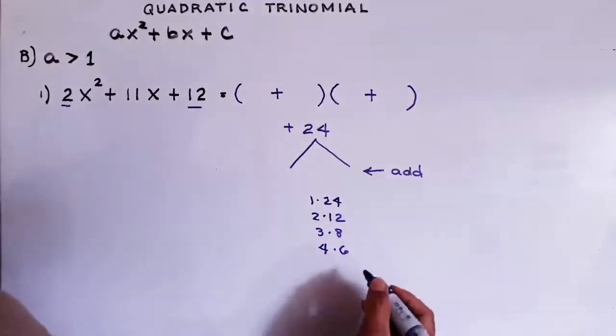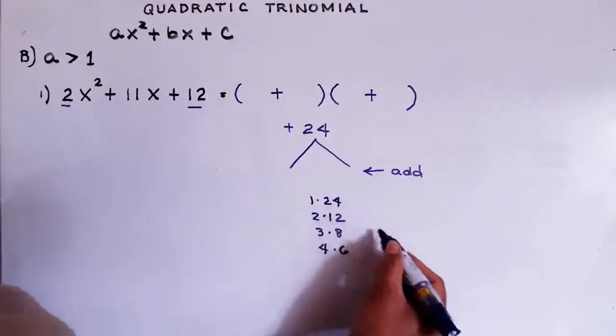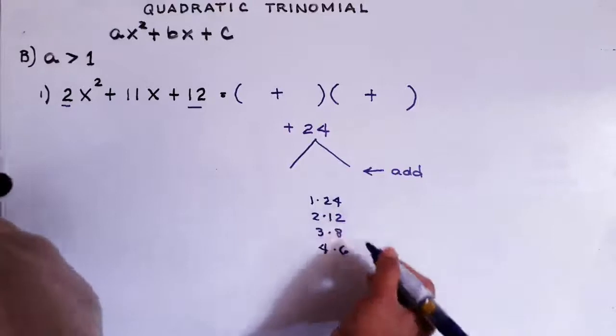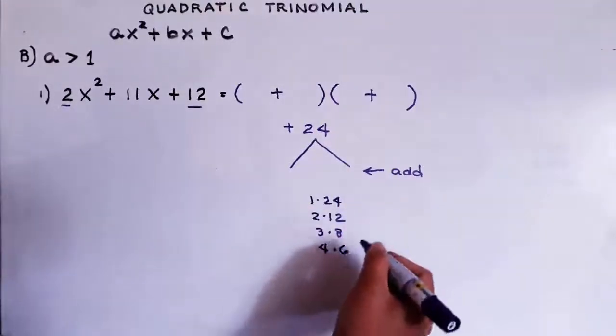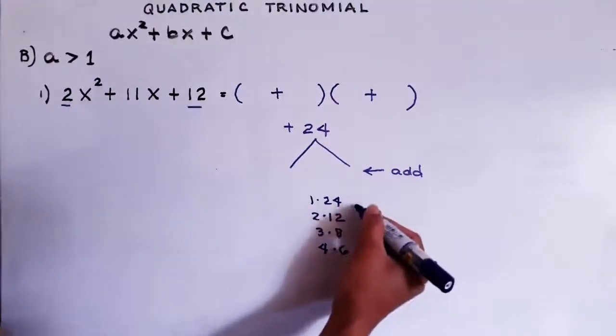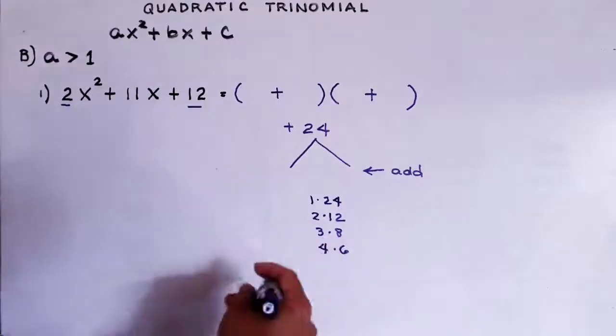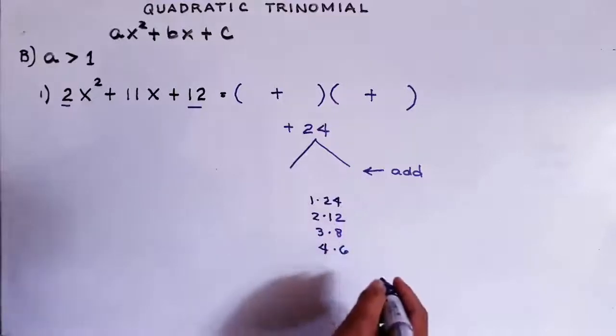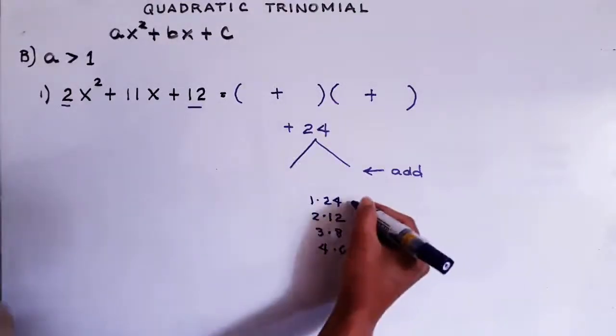I am not saying in class that you always have to list down all the factors. If you can just mentally think of the factors, then do it. We are just doing this so you can see how to get the factors of 24 to get 11. Now let us add.